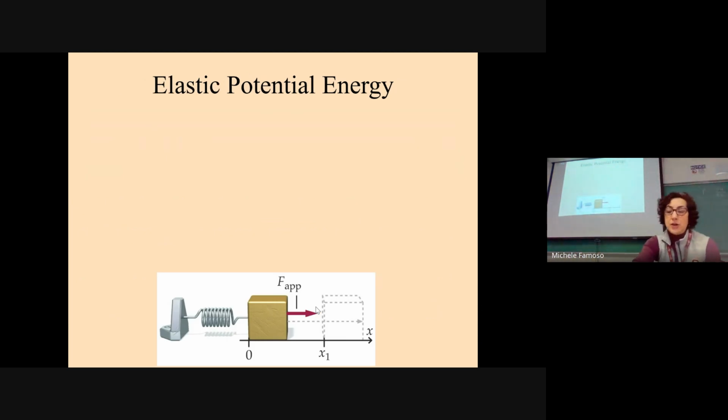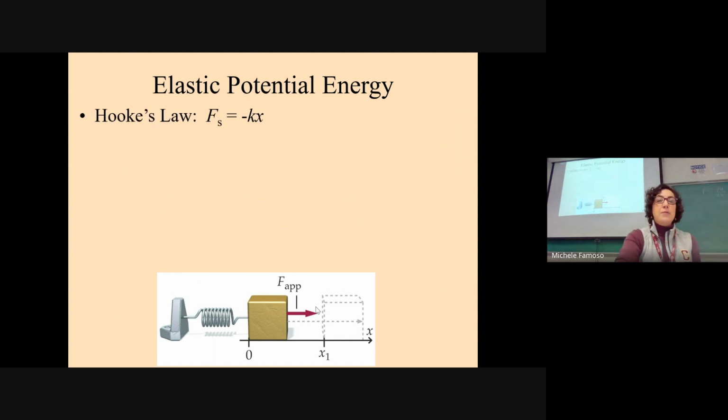Elastic potential energy. First thing we have to talk about are ideal springs, which always return back to their original configuration after you've stretched them or compressed them. Of course, we have Hooke's law, which we talked about in a previous chapter: if the spring is ideal, it would obey Hooke's law, where Fs is minus kx, minus just being opposite in direction.